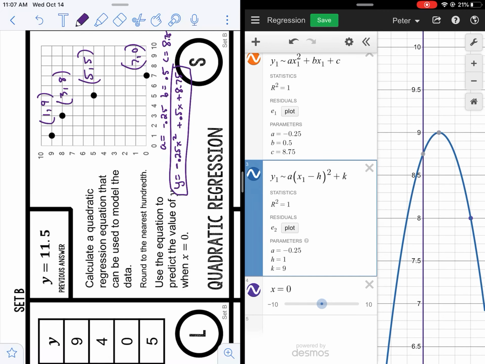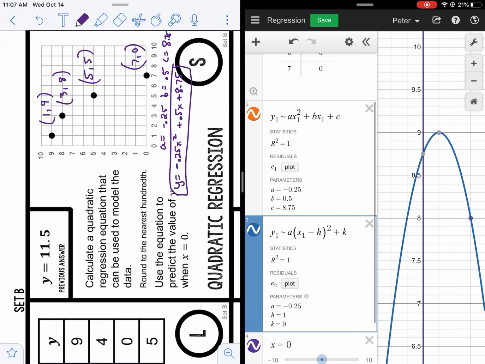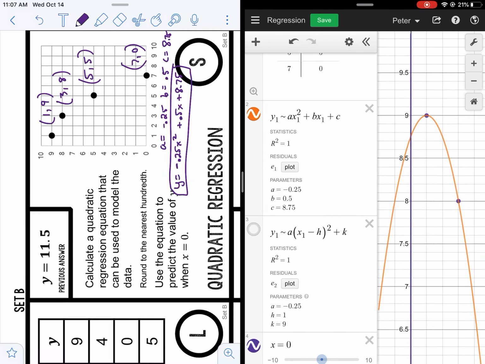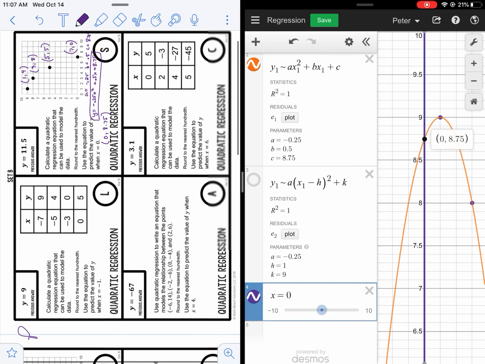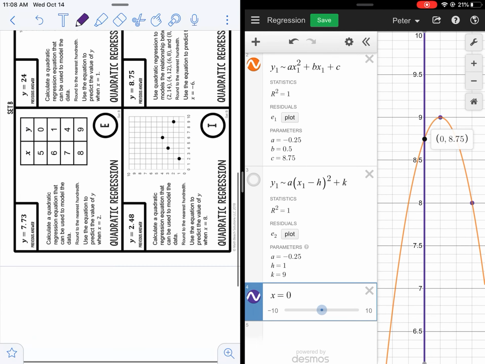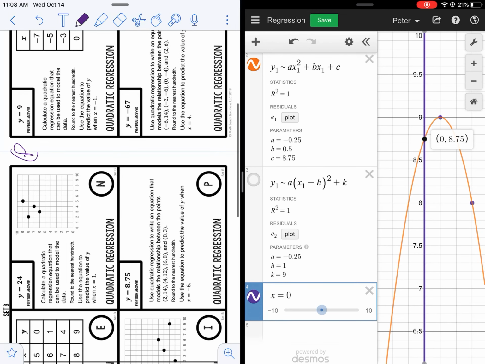I got a purple line and an orange. You can shut that blue off. There's the intersection, 0, comma, 8.75. That's what I want you to write down. Now zoom out. 8.75, so my first letter of the riddle is P.